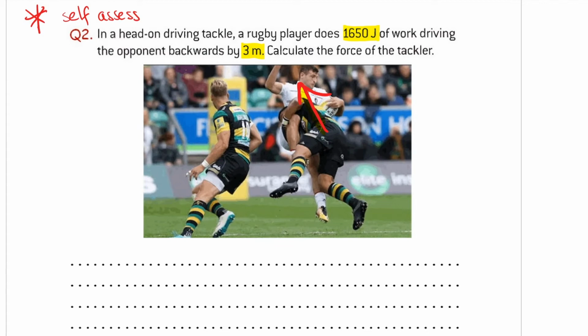Force of the tackler. Well, what do we know? We know work done. We also know distance, and we've been asked to work out force. Therefore, we can use the equation W equals F times D, and we can rearrange that equation.